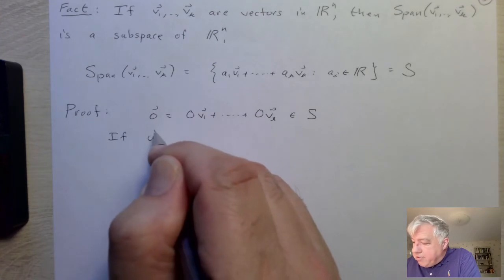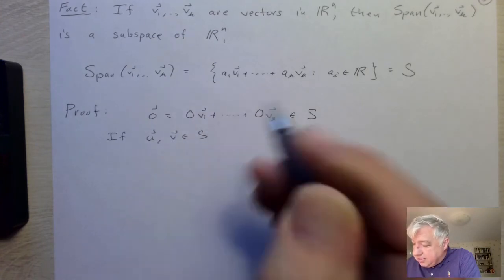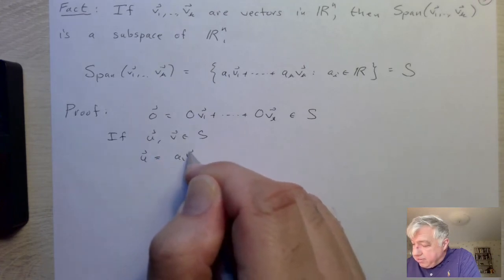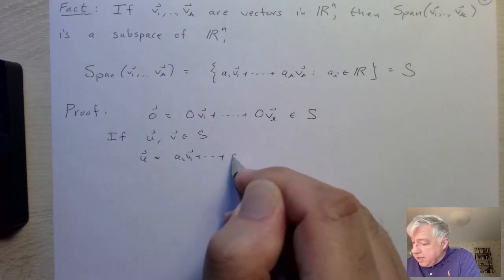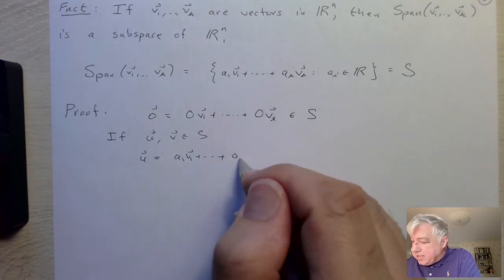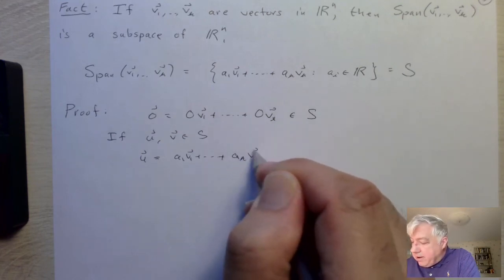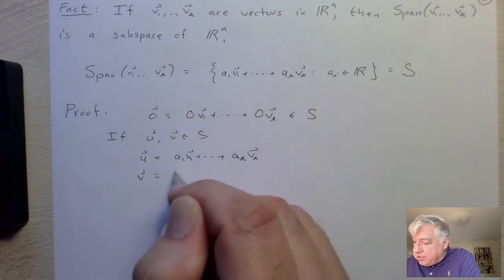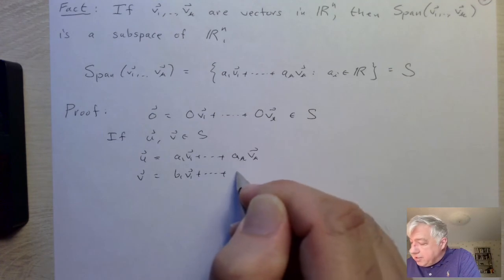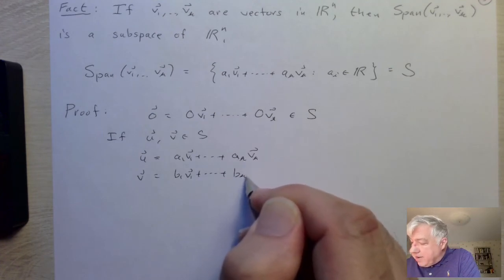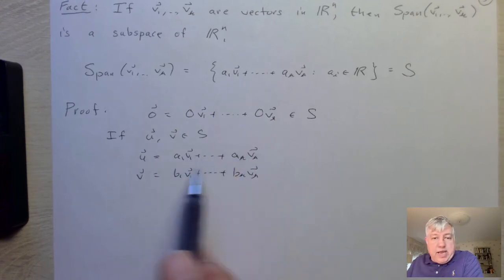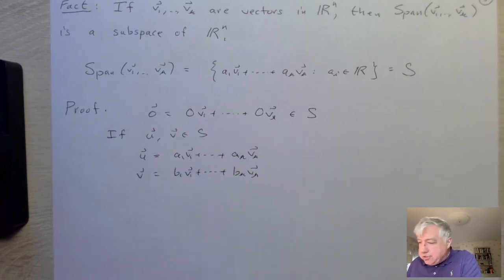Let's say u and v are in S, and let's say that u is equal to a1 v1 plus dot dot dot plus ak vk, and v is equal to b1 v1 plus dot dot dot plus bk vk, for some real numbers.